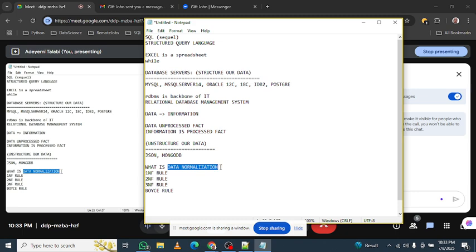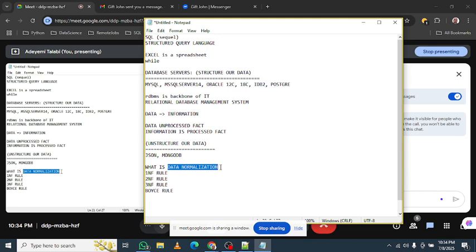Whether you are a data analyst, a data engineer, a data scientist or a database administrator, you must know data normalization. At least you must understand the concept.